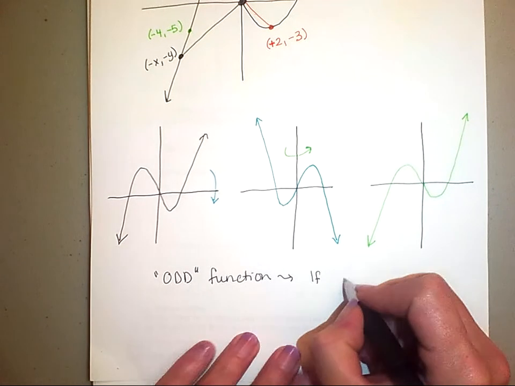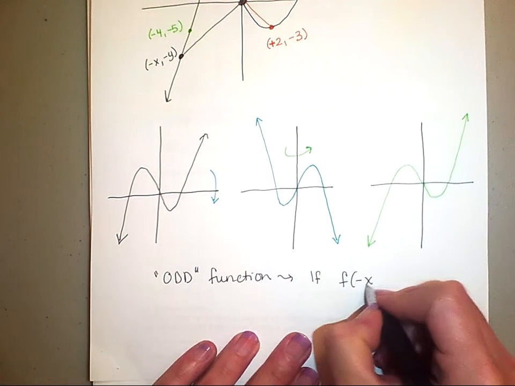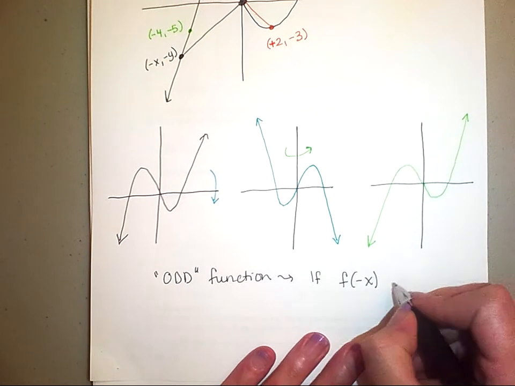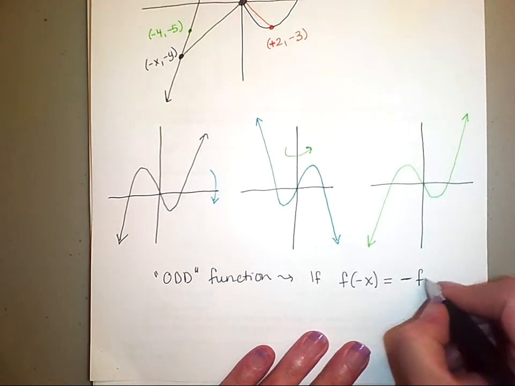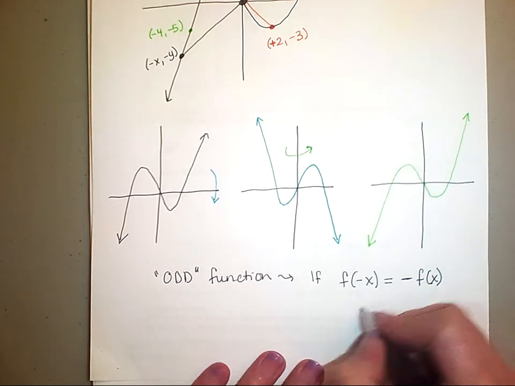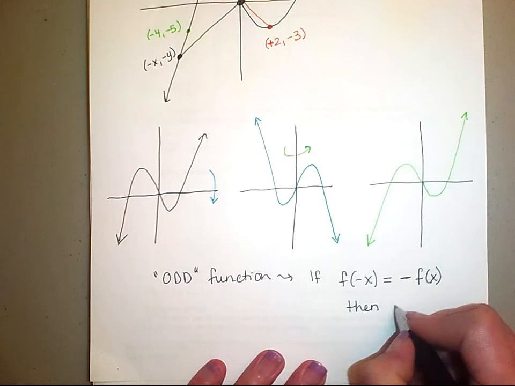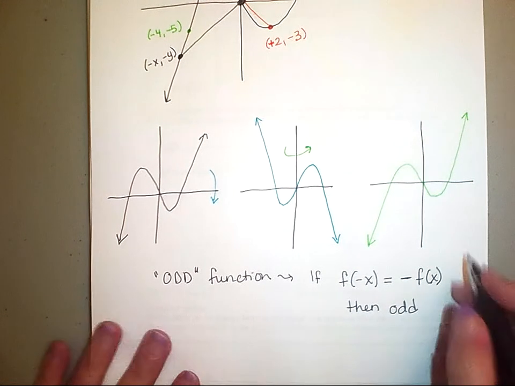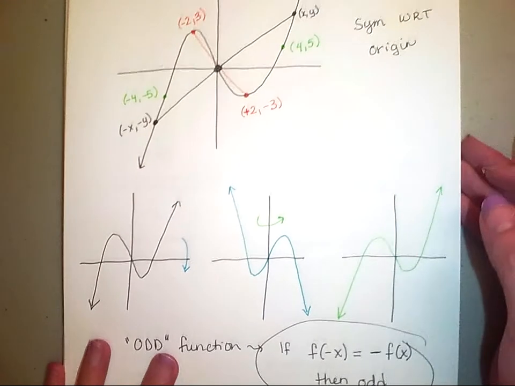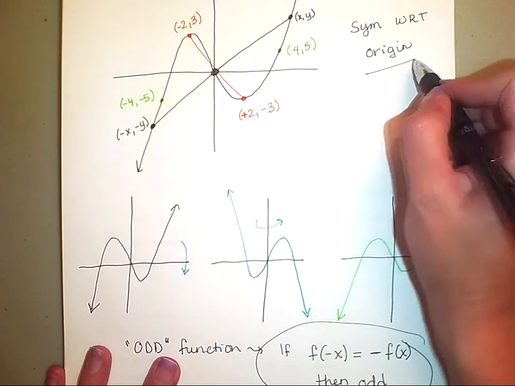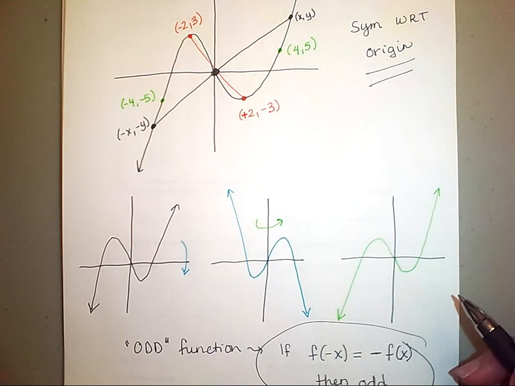Our test for that is if, when you take the function and evaluate it at negative x, you get out the opposite, the negative of the original function, then it's odd. So this is the test that needs to go on your flashcards, and odd functions have symmetry with respect to the origin.